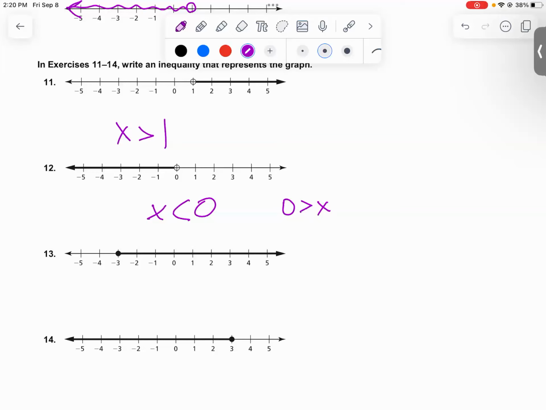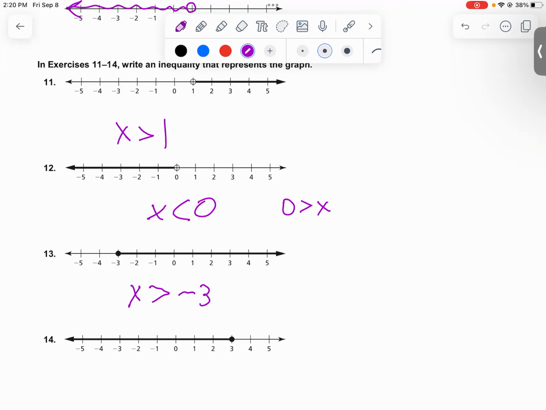Virgil, can you write number 13? I'll show you on the graph. Okay, there's one thing you're missing on there. Do you know, so there's a colored in dot?